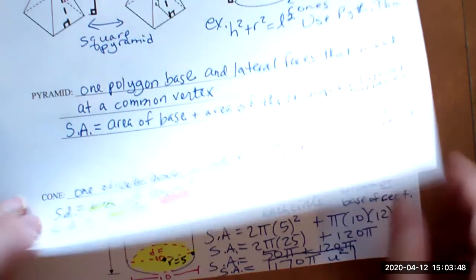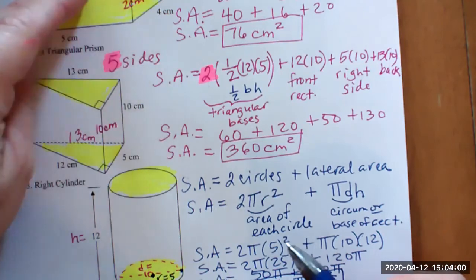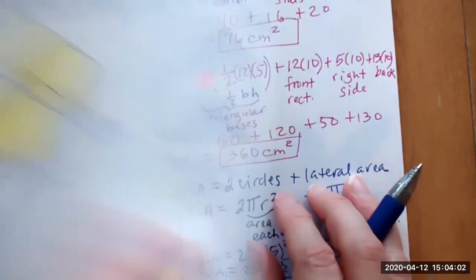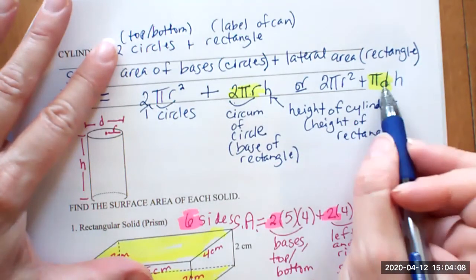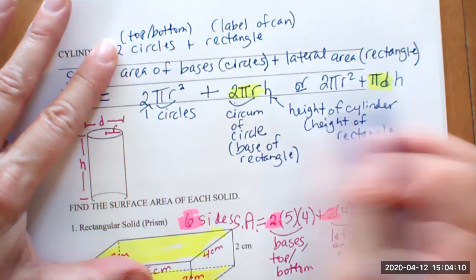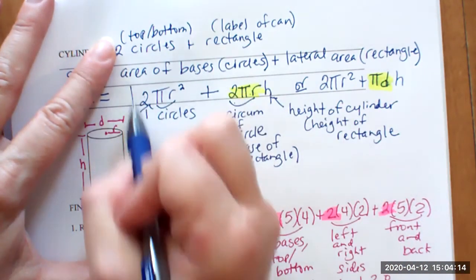So let's just kind of go back for a moment here. When we were looking at the surface area of a cone, that was back here on the first page of this note guide. So we have the surface area of a cone right here, which again, I showed you in two different ways, depending on whether you want to use the radius or the diameter, depending on what you're given, okay?